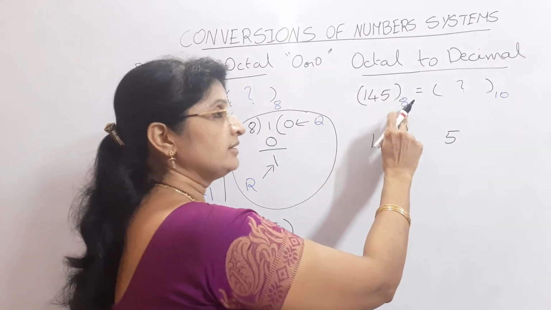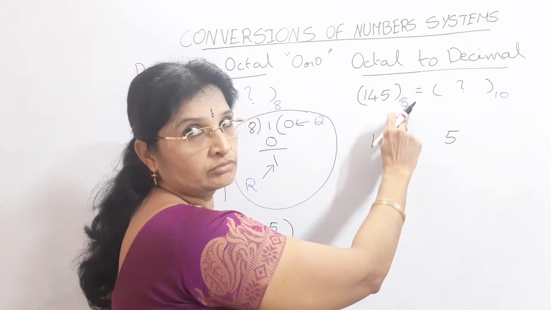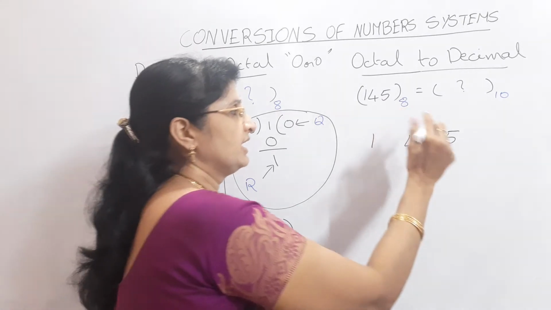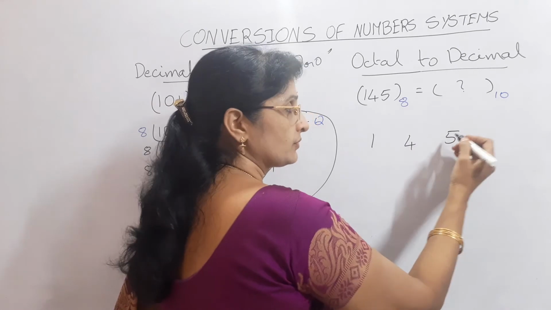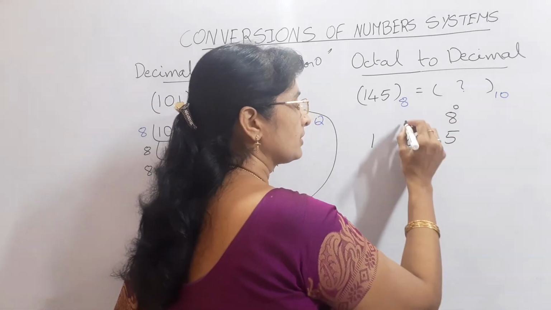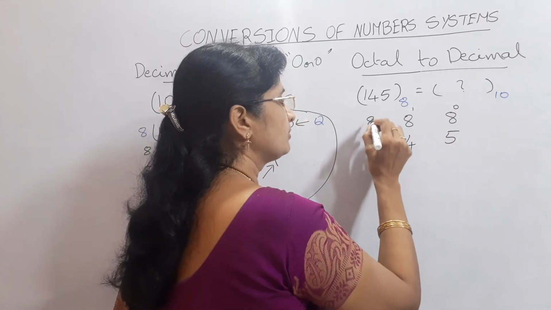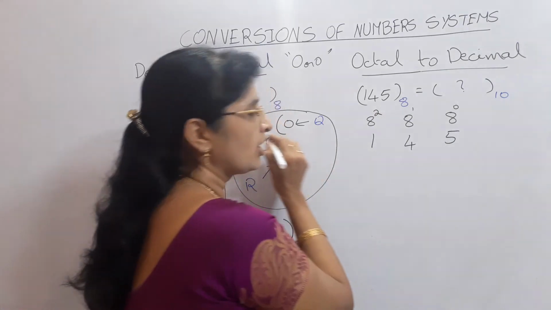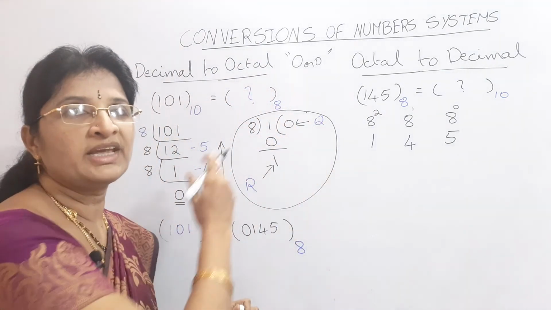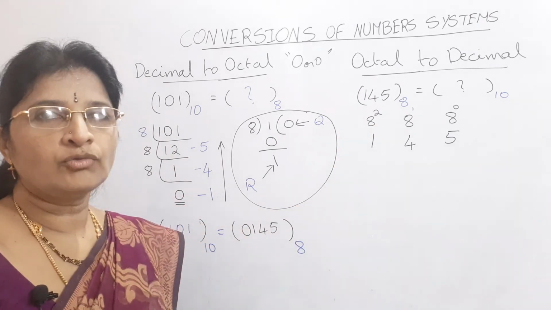Then start with base 8 with powers of 0, incrementing by 1. From the last, that is 8 power 0, next 8 power 1 and 8 power 2 and so on. It should be incremented by 1 power each time.